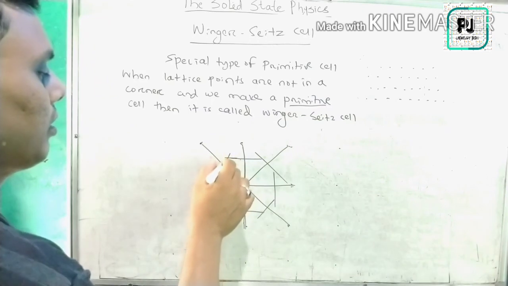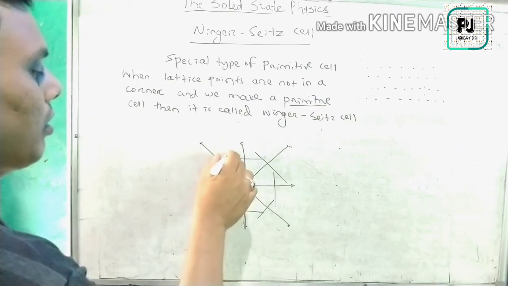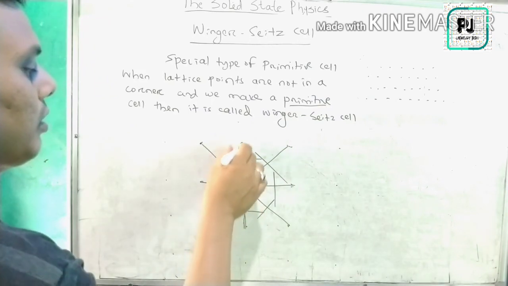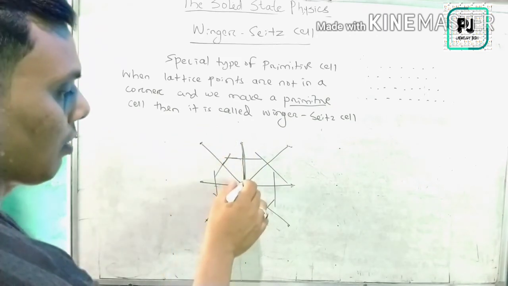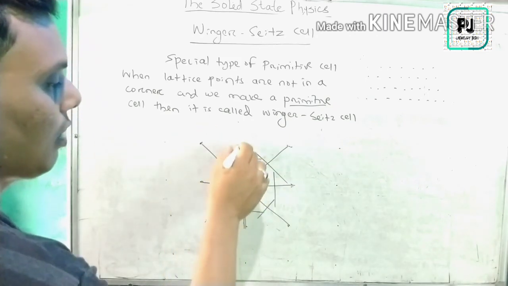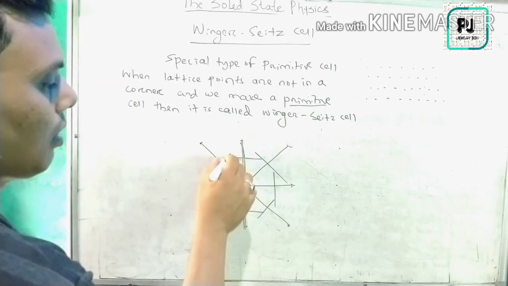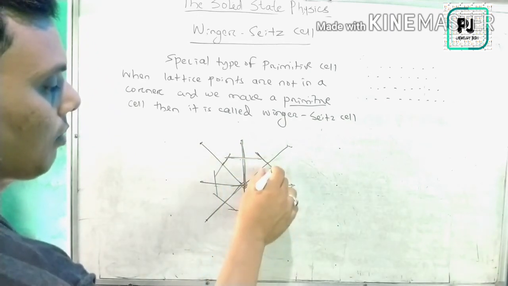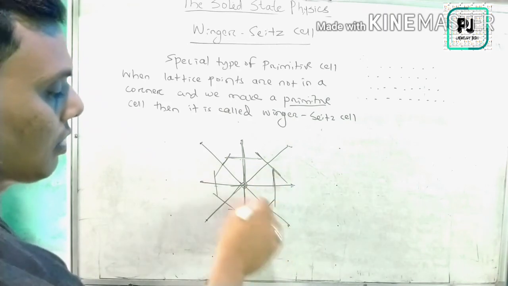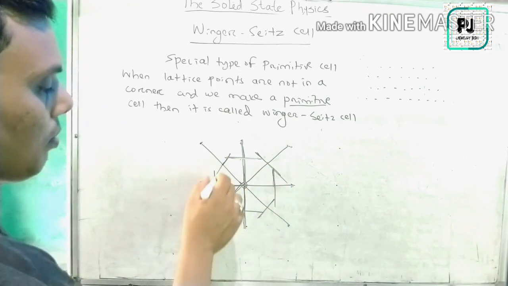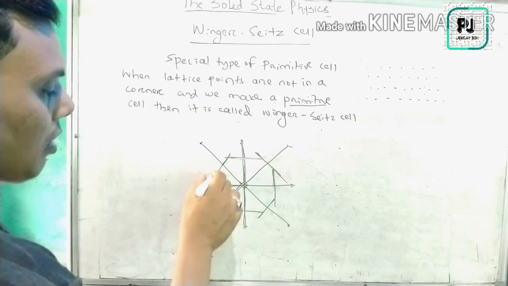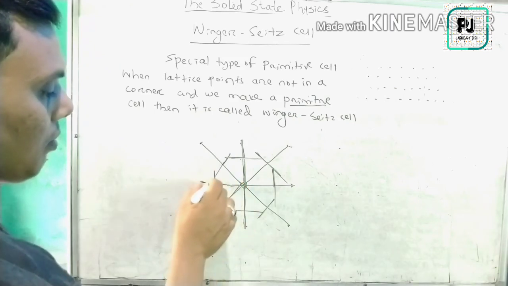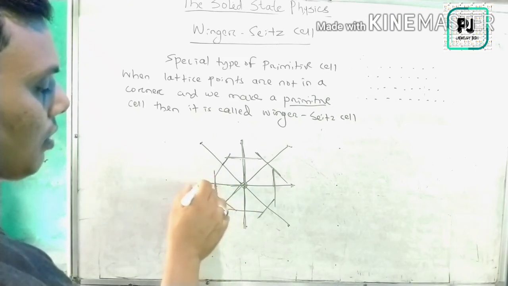So what happened? The middle of this one, this is the normal. Suppose I am taking this point, this line, the half of this one, from the half this is normal, from the half this is the normal, from this line there is half normal. So in every line we have taken the normal, at the half of this line.